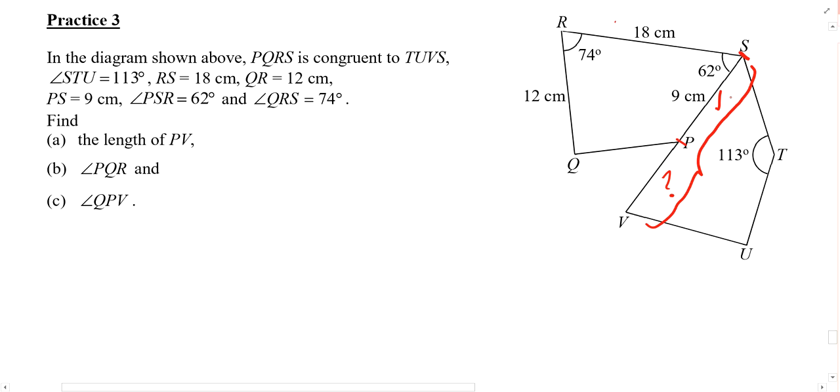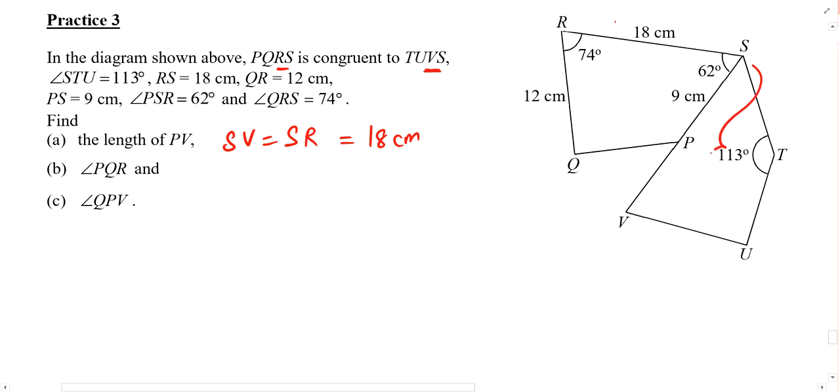Okay, then what is SV right now? So part A, SV over here equals to SR, which is 18. So this is 18 cm.